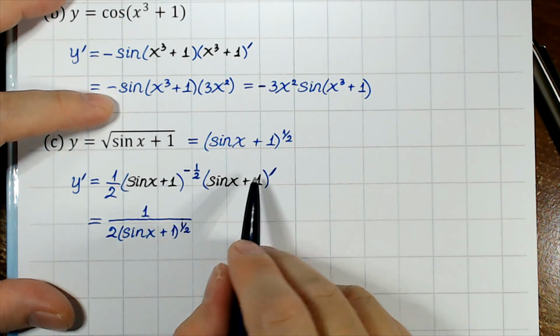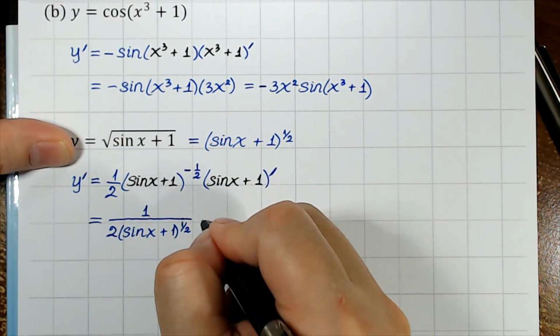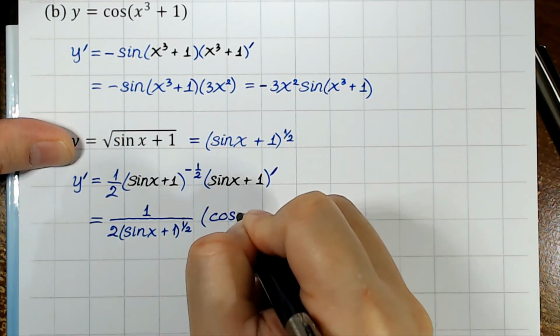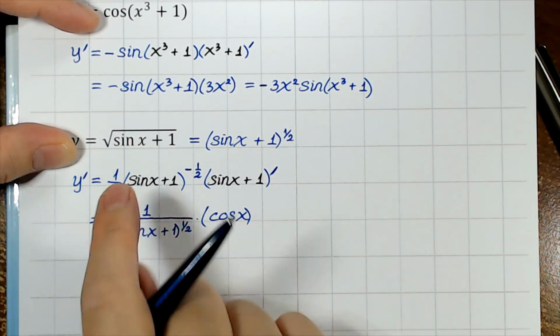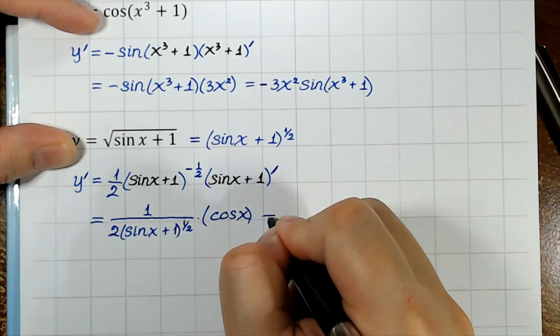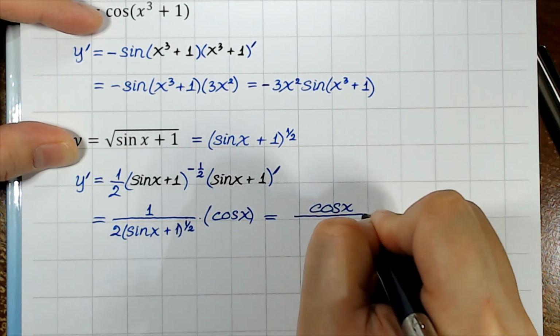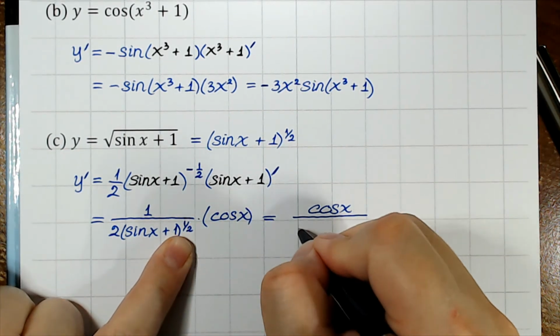And then the derivative of sine x plus 1: the derivative of sine x is cosine x. When we multiply, we can just put the cosine of x on the top. And then the 1/2 power we can rewrite as a square root.